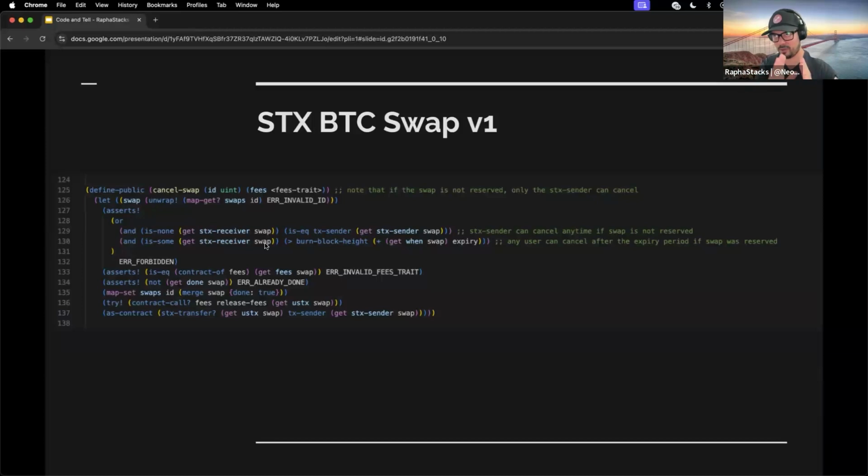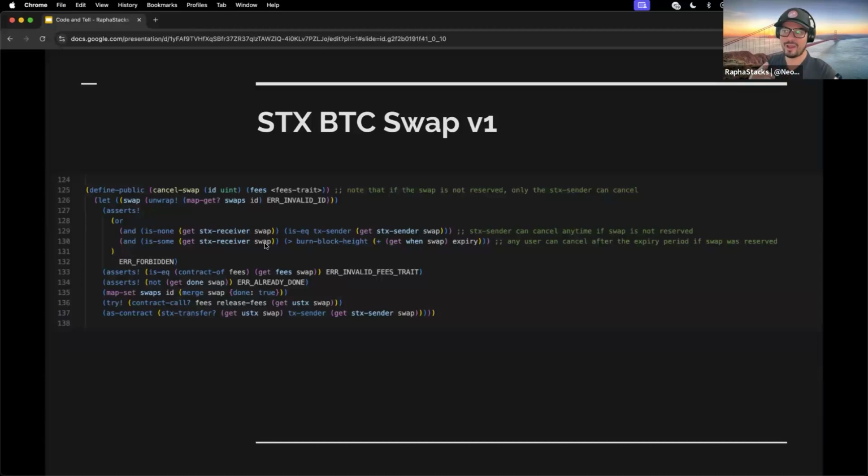There's a period during which, once I'm the Bitcoin sender, I reserve that swap, I can swap it, but I don't have to. It's the right, but not the obligation, like an option. So once it was expired, then the STX sender had to cancel it. Otherwise, the Bitcoin sender could still swap.